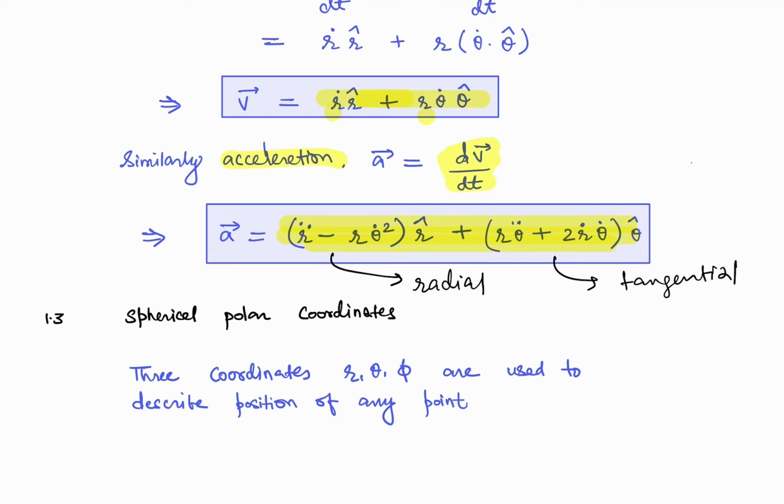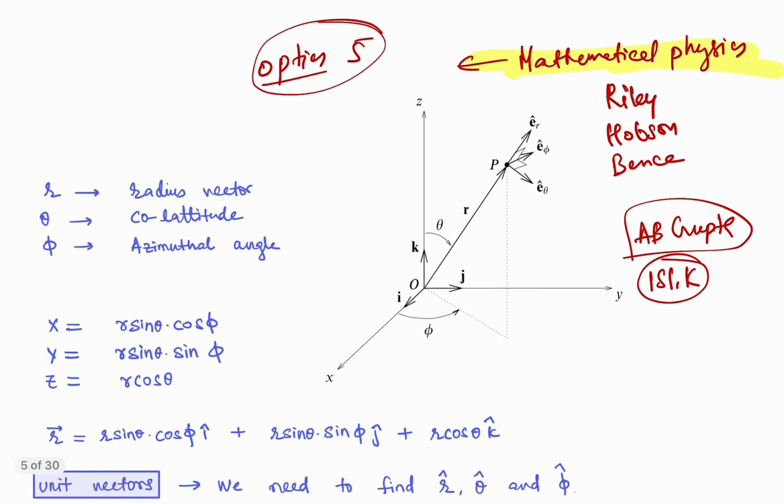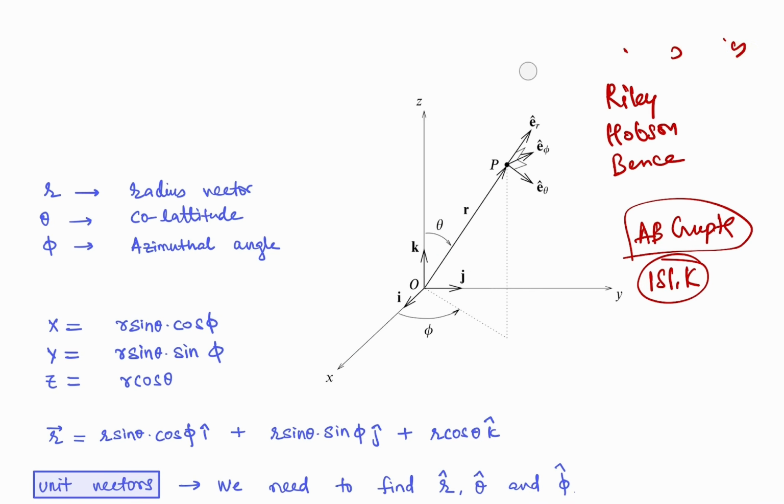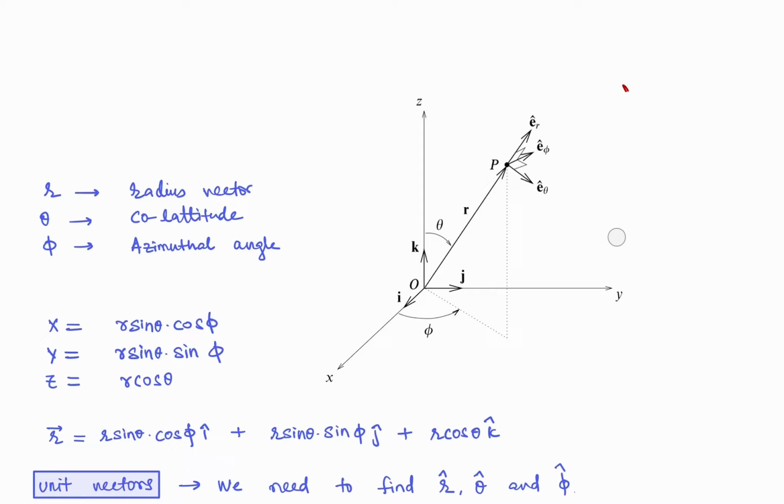Now we are going to study spherical polar coordinates. Here our coordinates are not only r and theta but another angle psi also, and they are used to describe the position of any point. Let us start with its introduction.